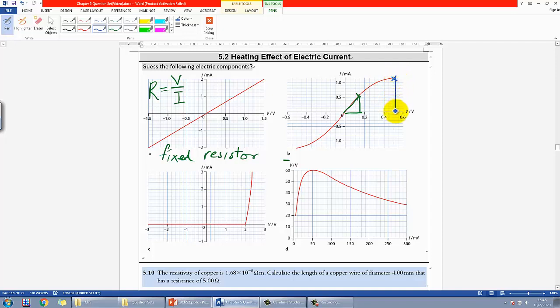Let's say this is 0.5 V. Then you can look at the slope here. This slope represents the resistance at this point, instead of this one. The result you find may be similar, but when you do questions in the future, be careful with that, because many people think the instantaneous slope is the resistance.